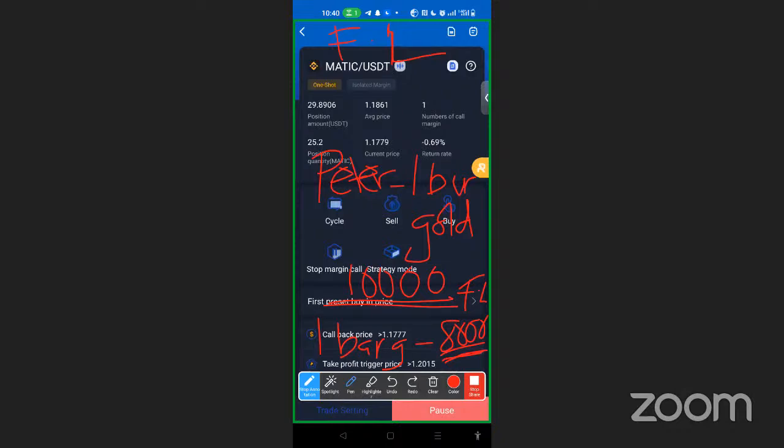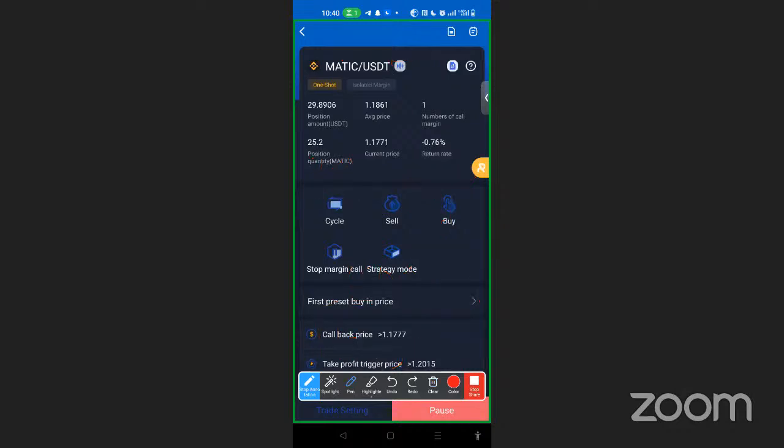Peter still has his 1 bar of gold. Yesterday, his bar was $10,000, but today, he still has his 1 bar of gold, but his bar is $8,000. So Peter is into what we call floating loss.